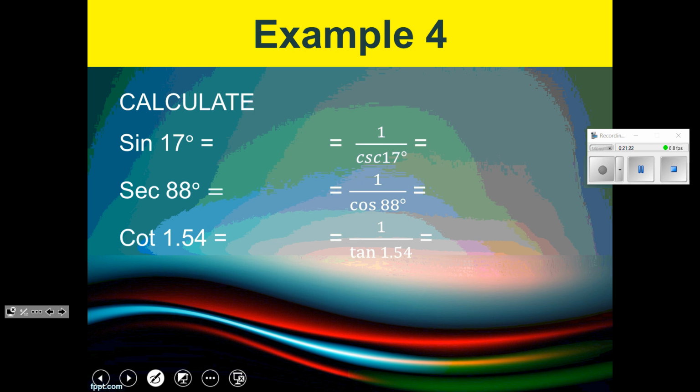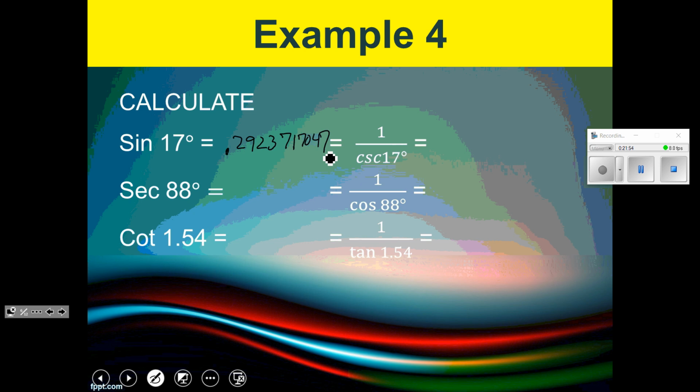Okay, so the sine of 17 degrees is equal to 0.2923717047. Let's round to 4 places. So if I were doing this one, 0.2924. Okay.